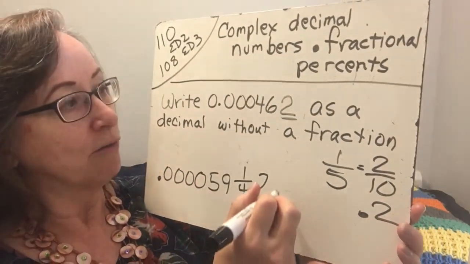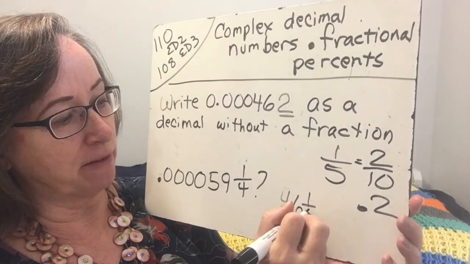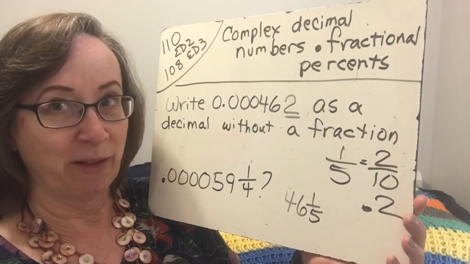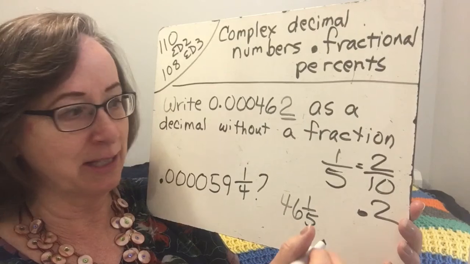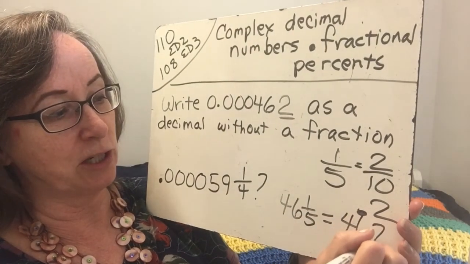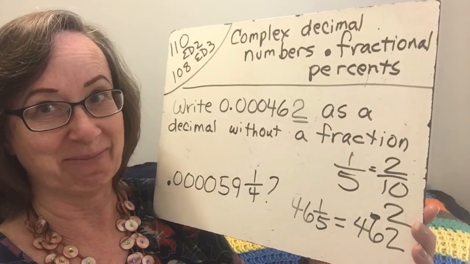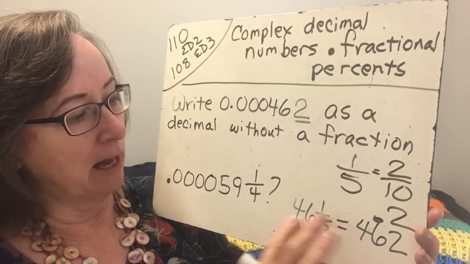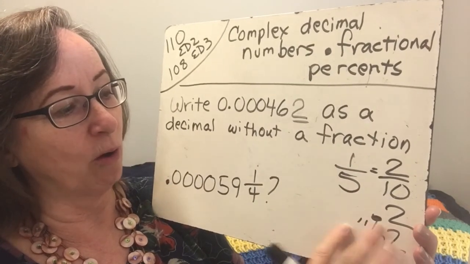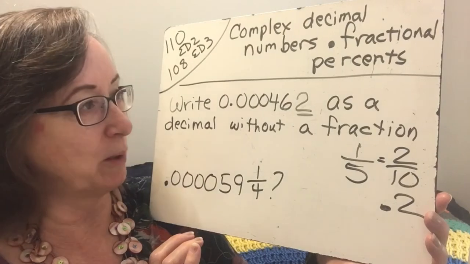But 46 1/5 100,000ths is the same as 462 millionths. They're the same. Okay, so like I said, you won't see a whole bunch of this, but we want to know what to do with it when we do see it.